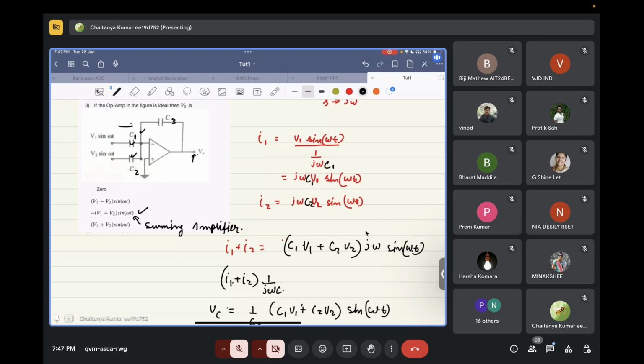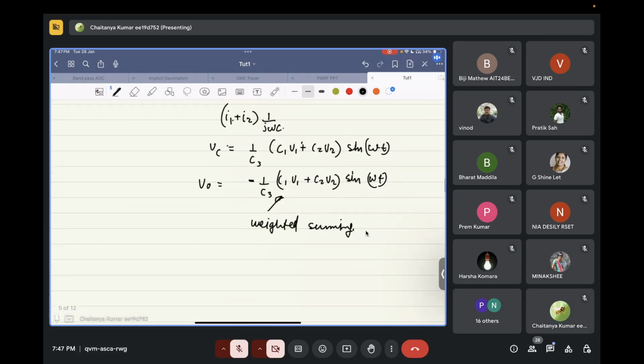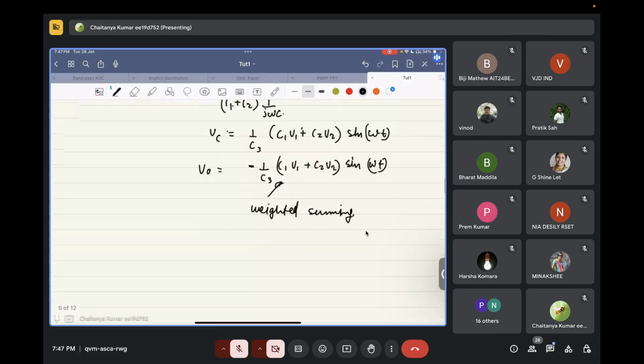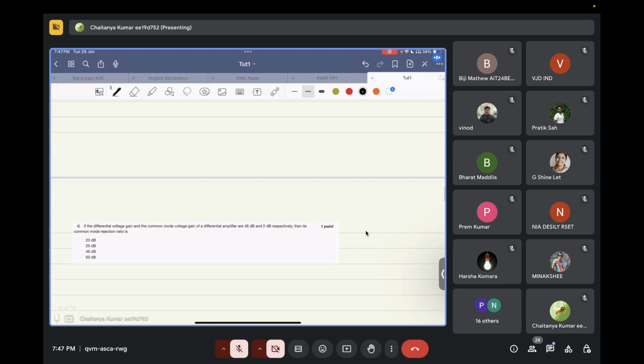Is incremental analysis familiar to you guys? Small signal model of transistor. Okay, so incremental analysis has not been taught yet. Okay, so we will try to keep it in mind. Okay, thanks a lot, guys. With this input, we can proceed further.